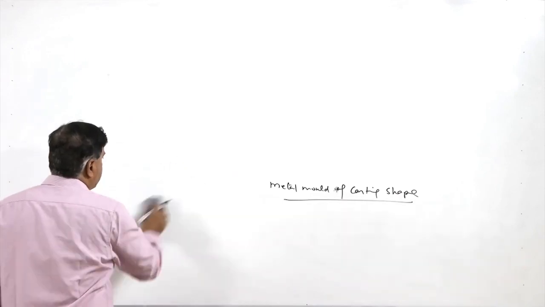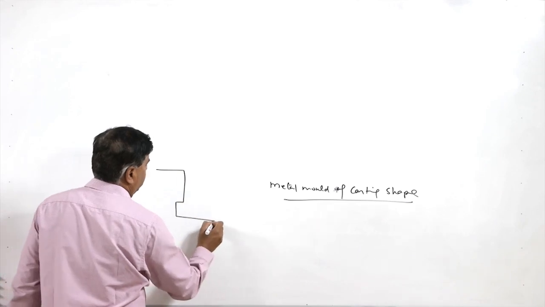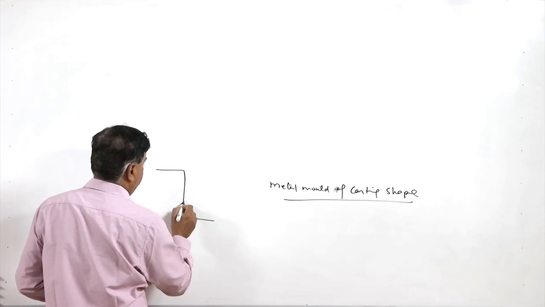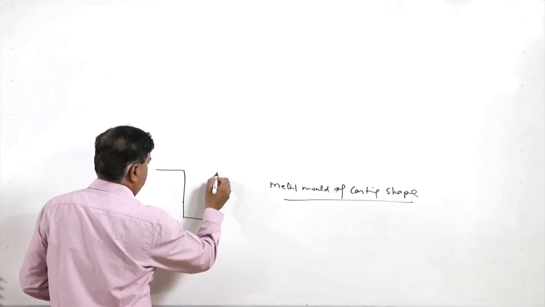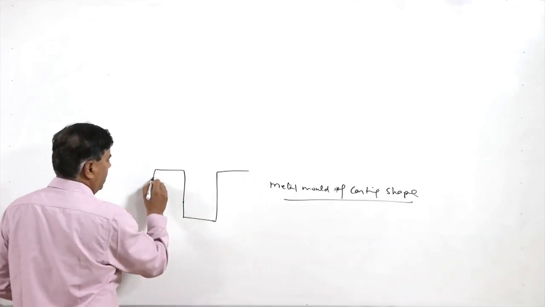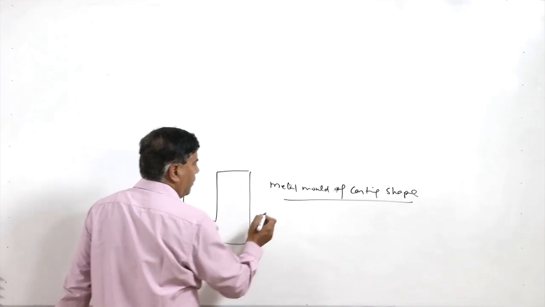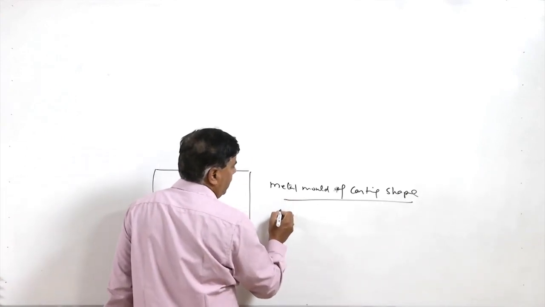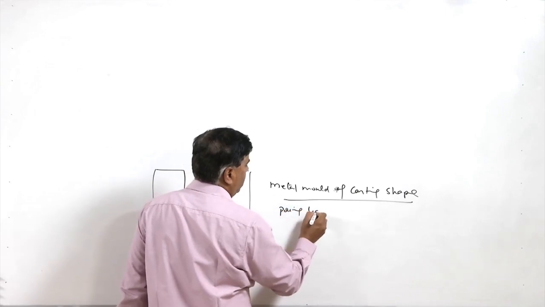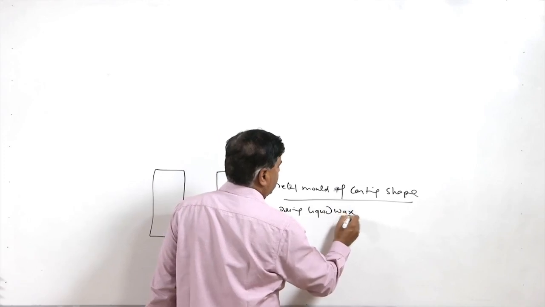Say this is the mold of the metal. In this metal mold, we pour liquid wax.